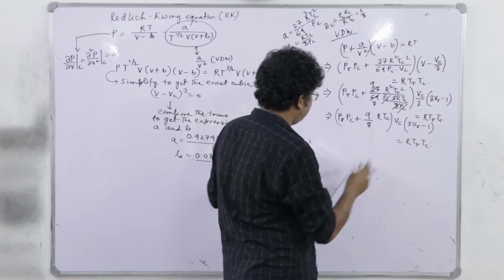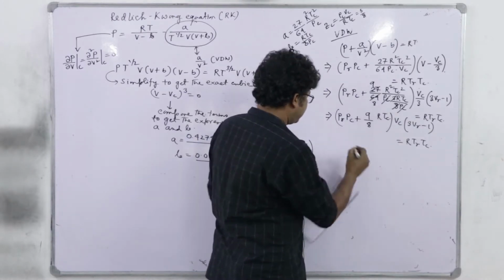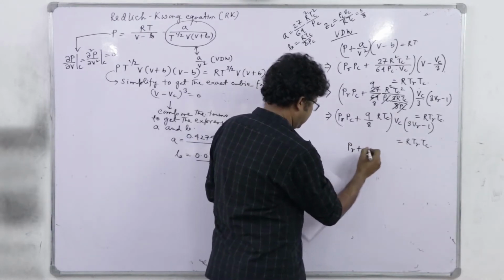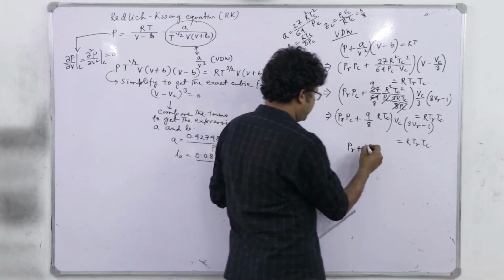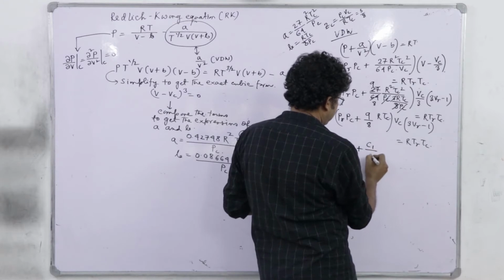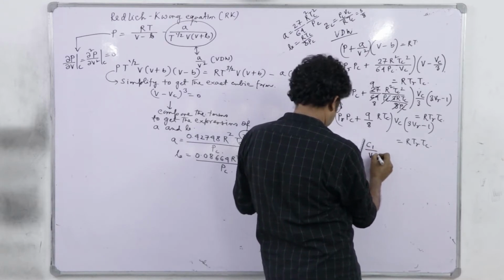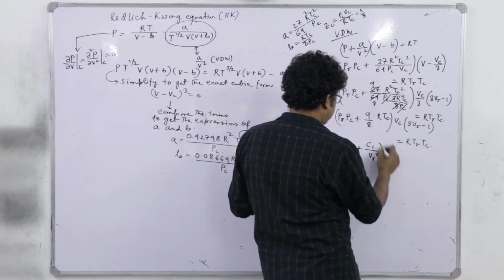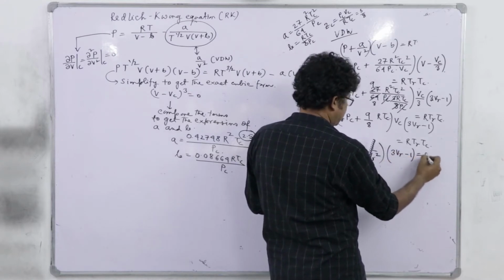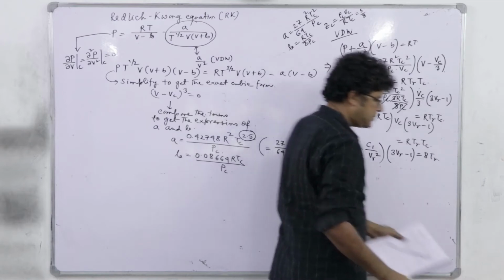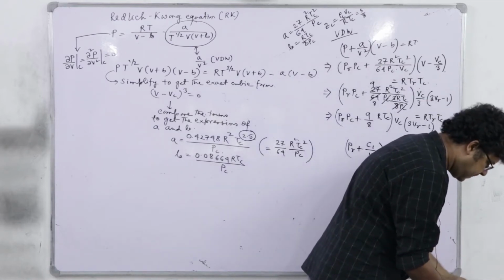Exactly, I am not doing it correctly here, but it will finally reduce into a form: PR plus some constant divided by VR square, into 3 VR minus 1, equal to 8 TR, something like that.